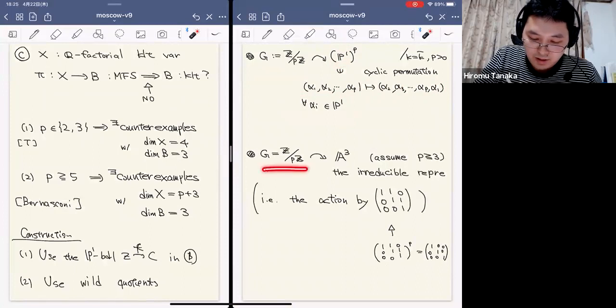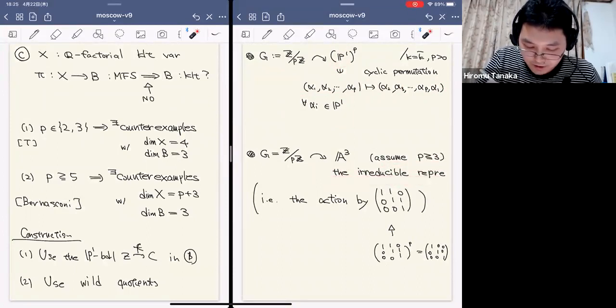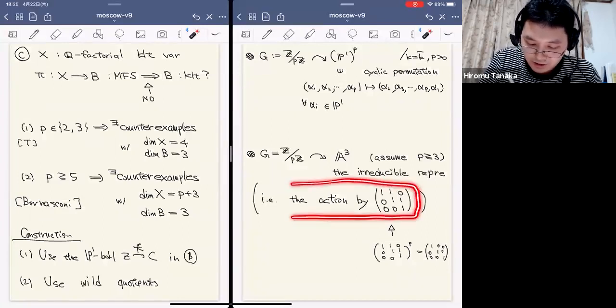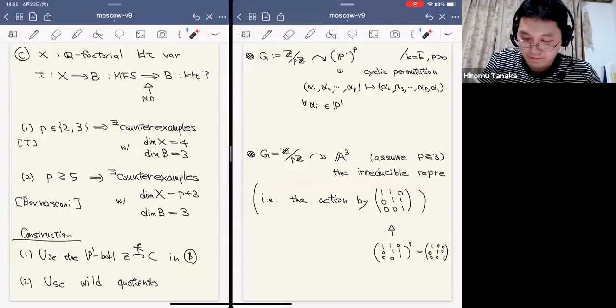For the second action, let me assume that p is at least 3. This is the irreducible representation, which just means that by linear algebra the action is given by a Jordan form, and its order is equal to p.